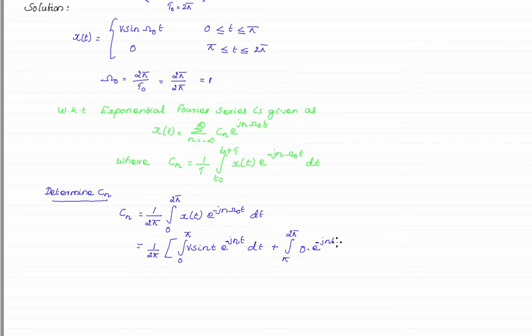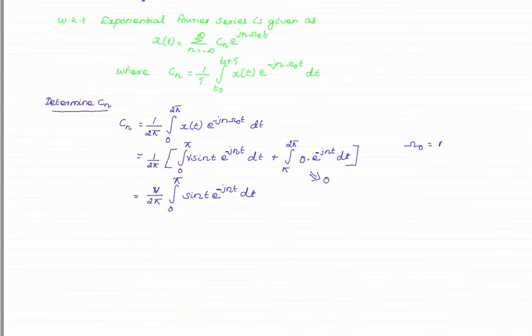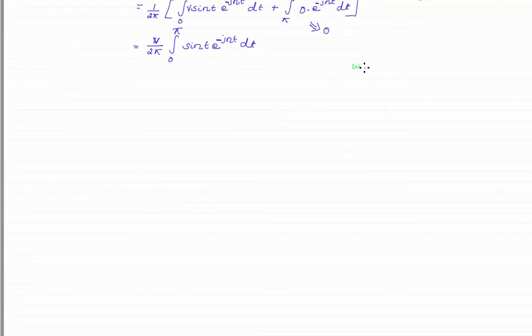From pi to 2 pi the signal is absent, that is it is equal to 0. So we are going to take only the first term. We know that sin theta is equal to e power j theta minus e power minus j theta by 2j. We are going to use this in the next step.